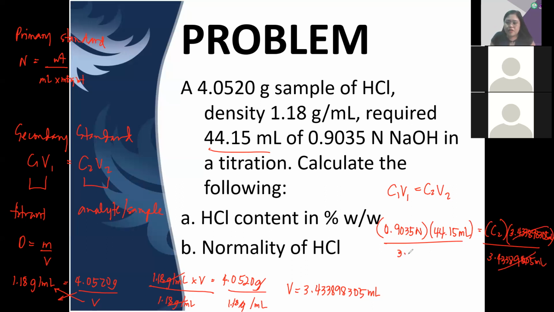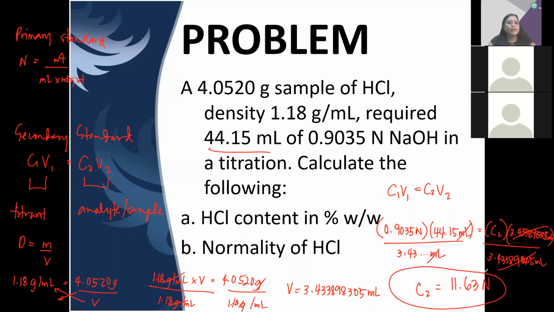And then let me just shortcut this one. Cancel the ml. So, ayun na. 0.9035 times 44.15 divided by 3.43. The normality, the concentration of the sample is 11.63 normal.